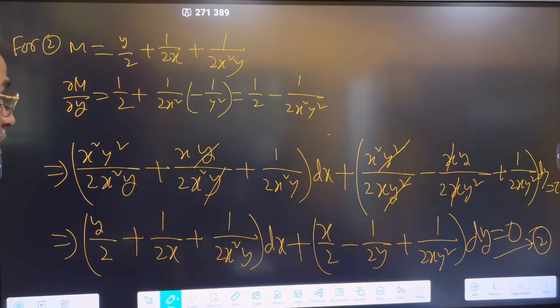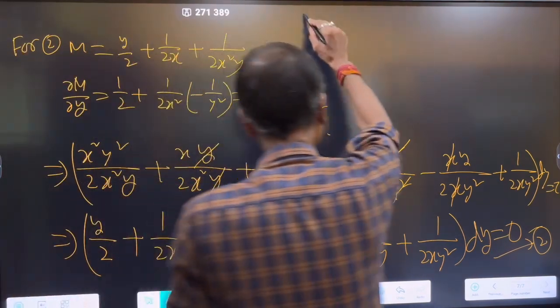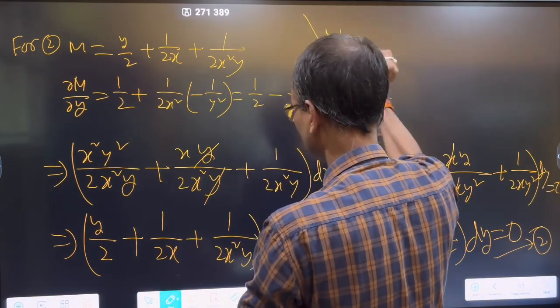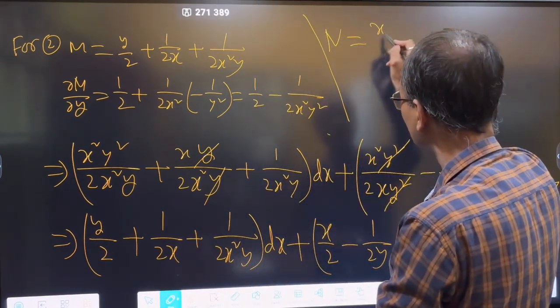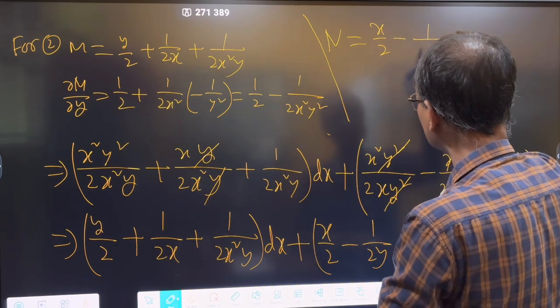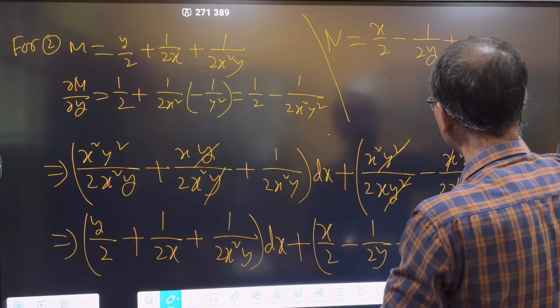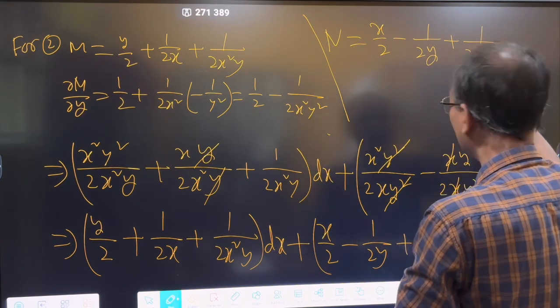For 2, N equals x by 2 minus 1 by twice y plus 1 by twice x y square.